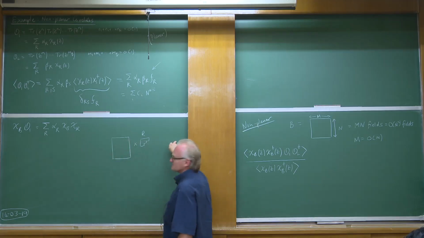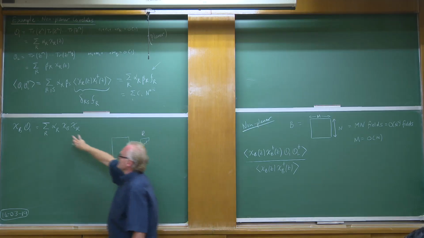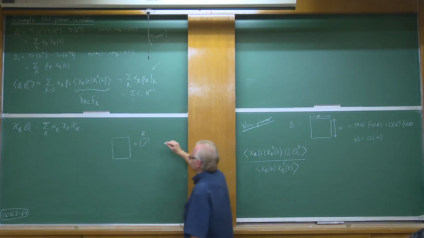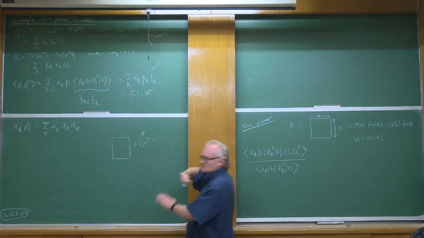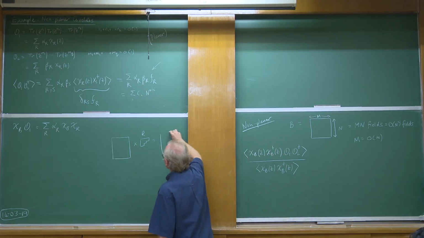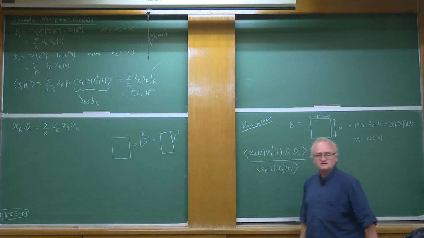So whatever representations I get here, this product will be a sum of those representations. What is nice about this product, though, just following the usual Littlewood-Richardson rule, is that only a single representation appears, and it's the representation that I get when I tag R on the side.